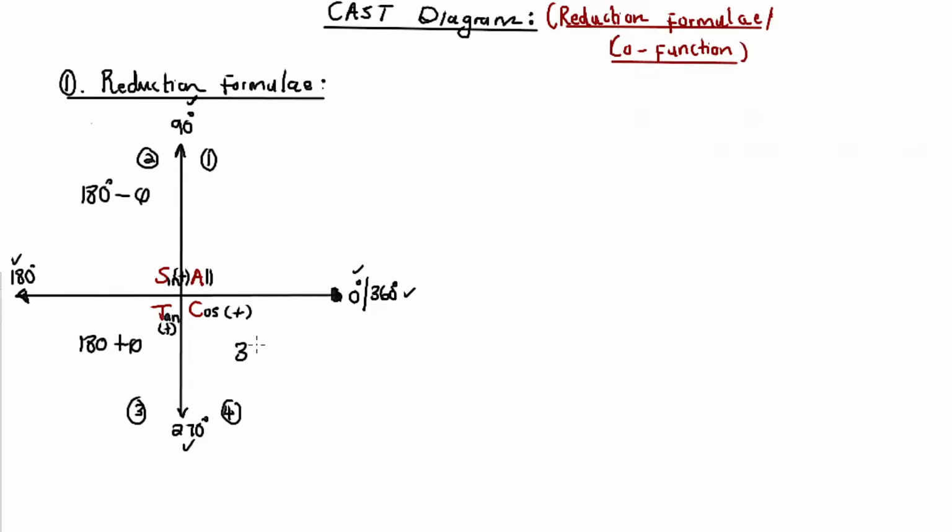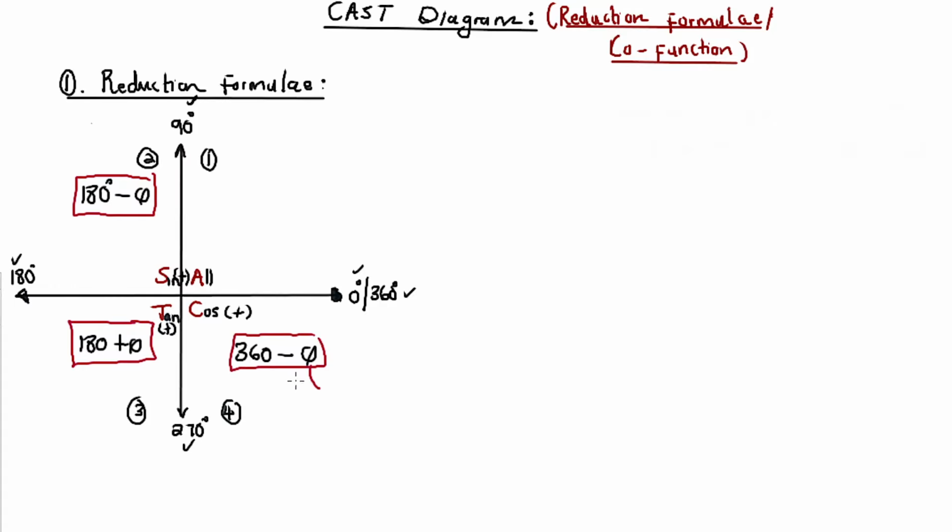And then in the fourth quadrant, we have a third one, 360 minus theta. Let me use a red marker here. These are the reduction formulas.